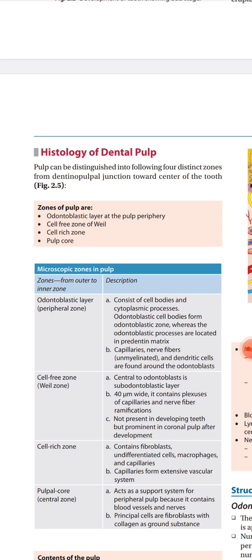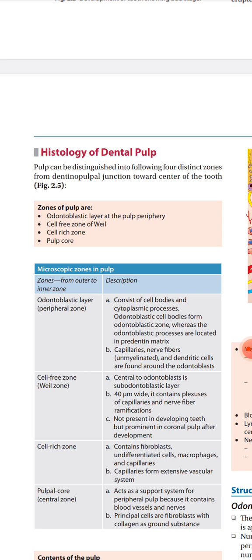Description. The odontoblastic layer, also known as the periphery zone, consists of cell bodies and cytoplasmic processes. Odontoblastic cell bodies form the odontoblastic zone, whereas the odontoblastic processes are located in the predentin matrix.